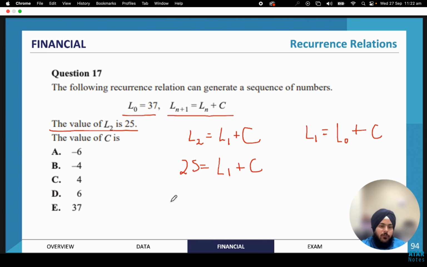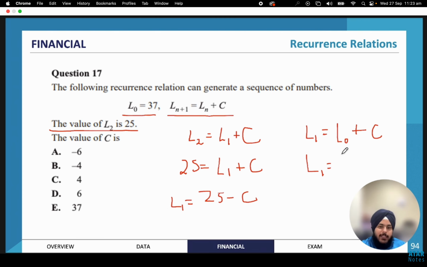So what we are trying to determine here is what L1 will be. We can rearrange for L1. So L1 is equal to 25 minus C, essentially. We move C to the other side, just using basic algebra here. And then in terms of L1, we know what L0 is.